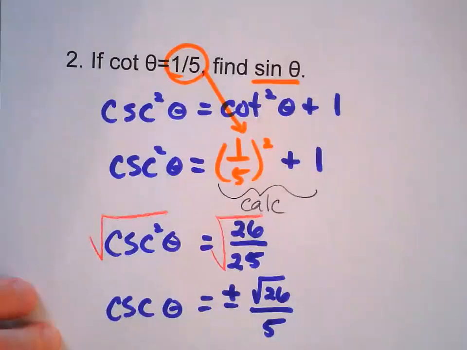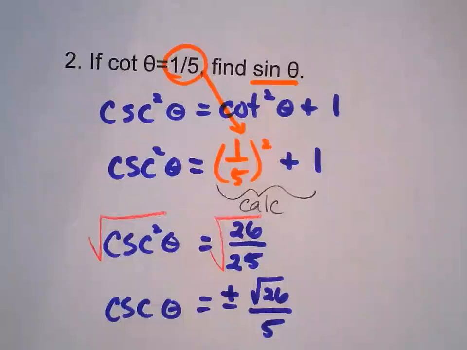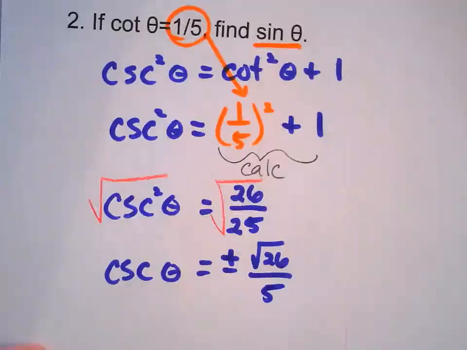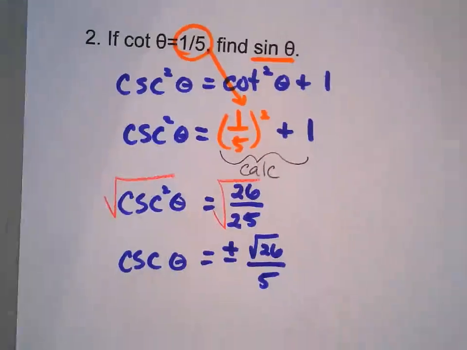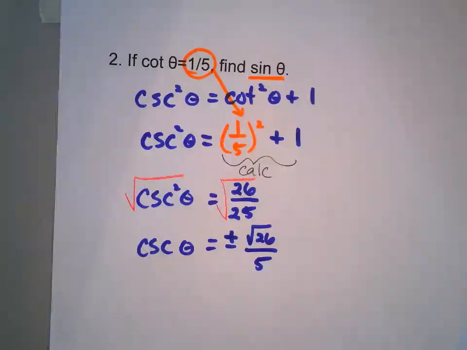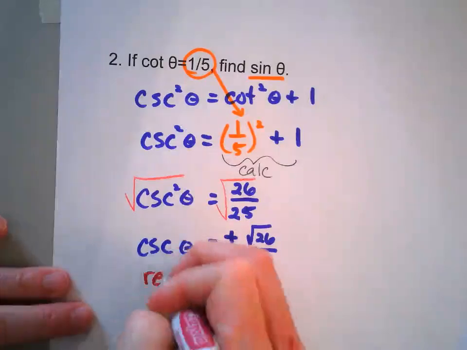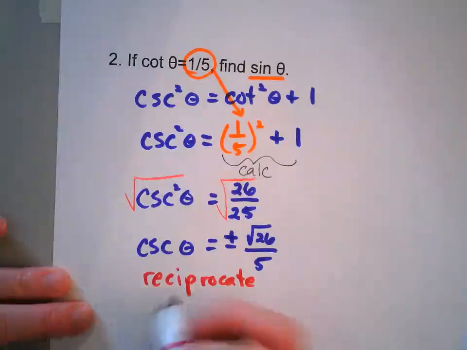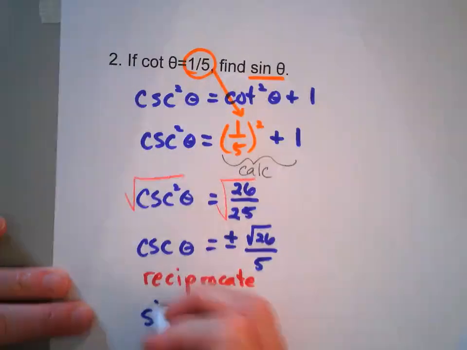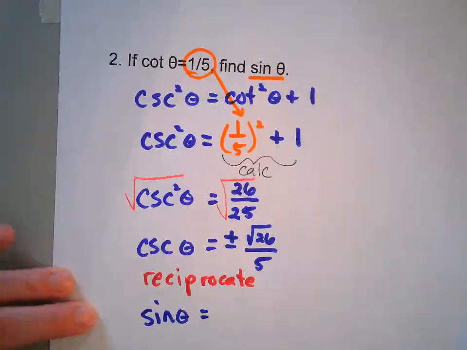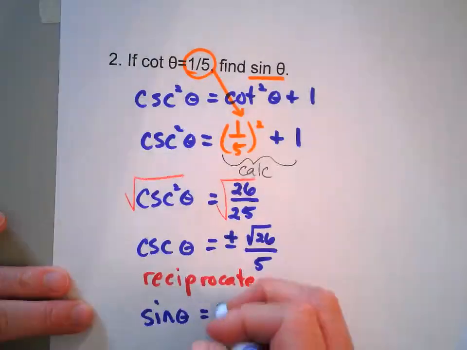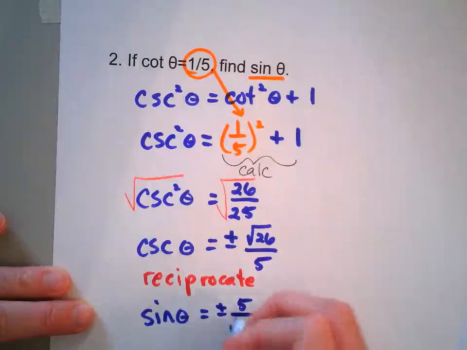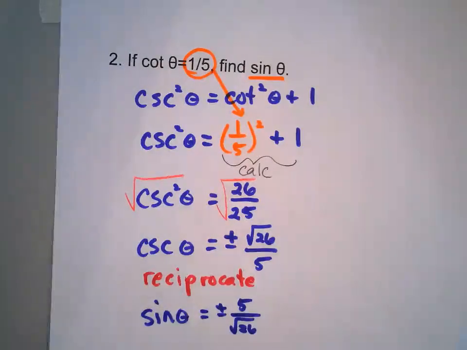So let's see. Scoot this up just a little bit. Zoom it out. And sine of theta will equal 5 over square root of 26. Can't leave that as a radical on the bottom.